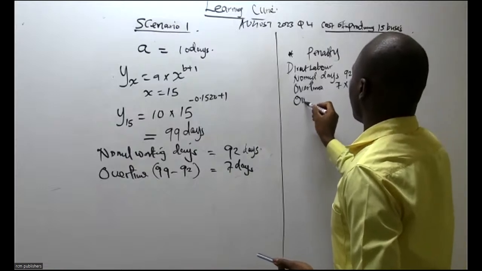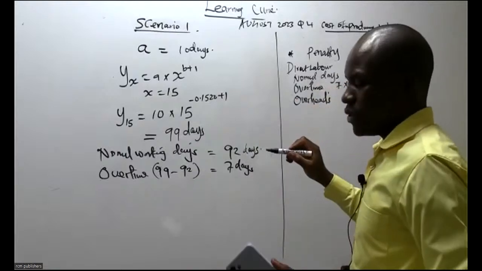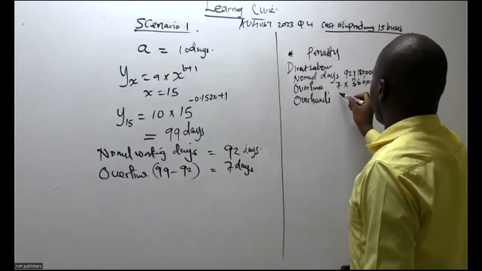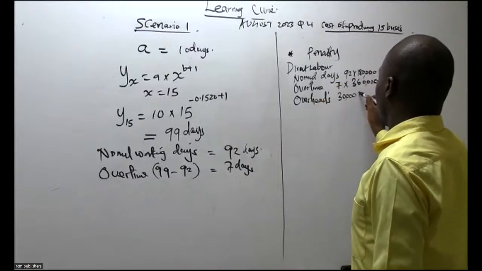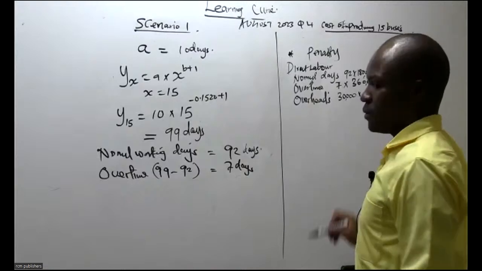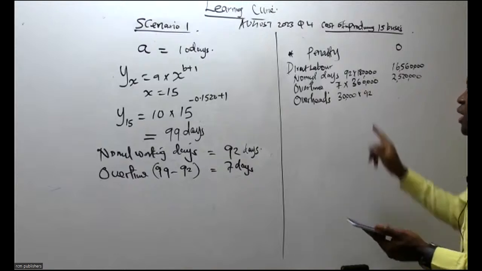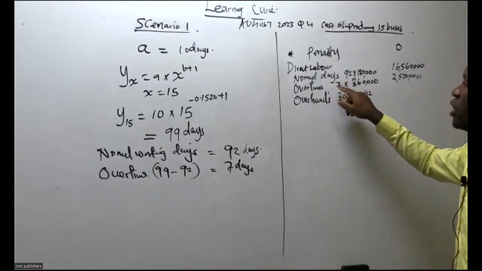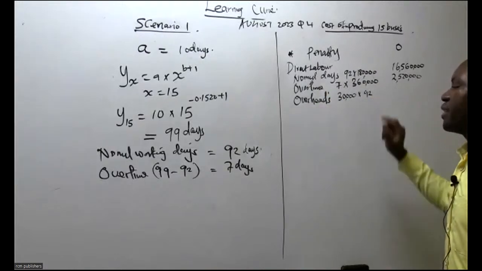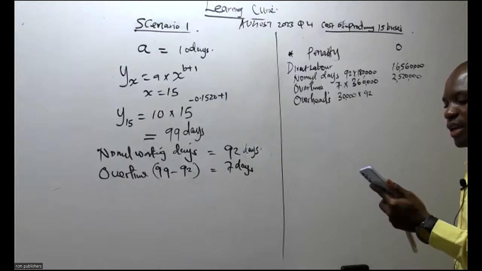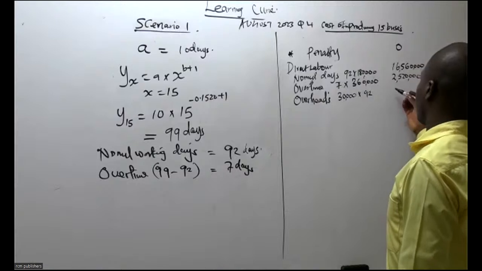The overtime will not be used to allocate or apportion the overheads. So how much is the overheads? 30,000 by 92 is 2,760,000.